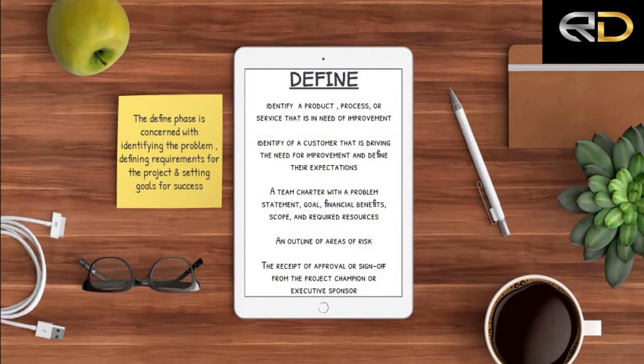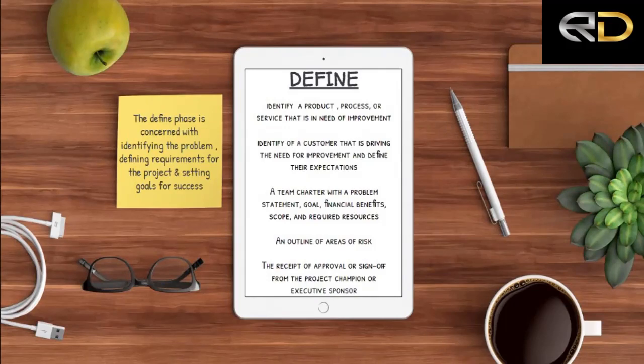Before you drive a car, you know the journey and how to operate the vehicle. It's the same thing here. What you're looking at on the PowerPoint presentation is what you need to do in the define phase, and this is your first step of identifying and addressing inefficiencies in a process.